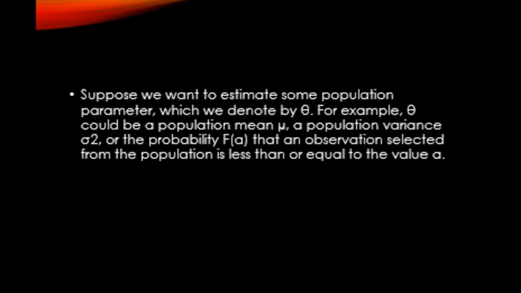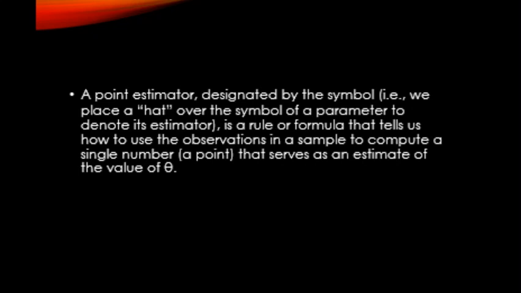Okay, let's say in general the population parameter is theta. This theta could be the mean mu, it could be the population variance sigma squared, or we could be interested in the probability of some observation selected from the population. All these could be answered using a point estimate.